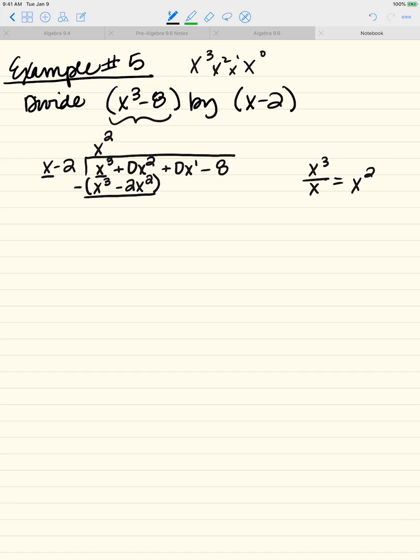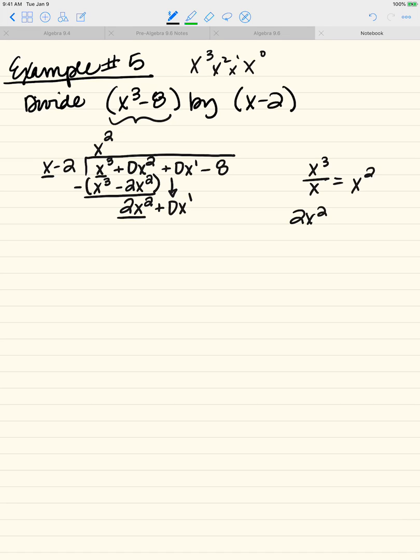Subtract: x cubed minus x cubed is 0. Now we have 0x squared minus negative 2x squared, so that is 0x squared plus 2x squared. 2x squared, bring down your next term, 0x to the 1, okay?